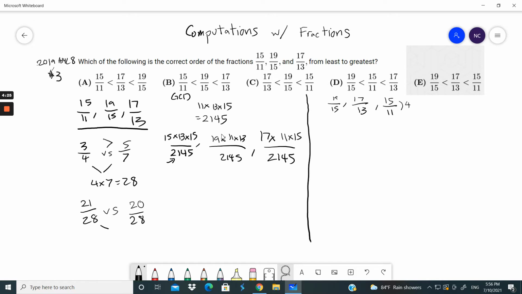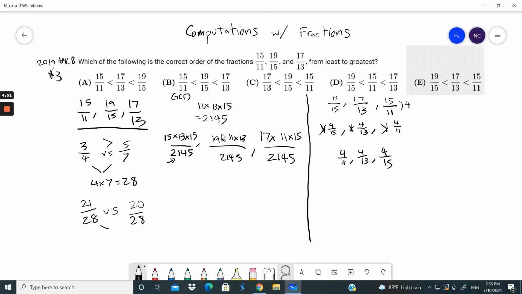For example, 19 over 15 is 1 and 4/15. 17 over 13 is 1 and 4/13, and 15 over 11 is 1 and 4/11. So each of these fractions have 1s, so we can ignore those. Now all we're doing is comparing these fractions, 4/11, 4/13, and 4/15.